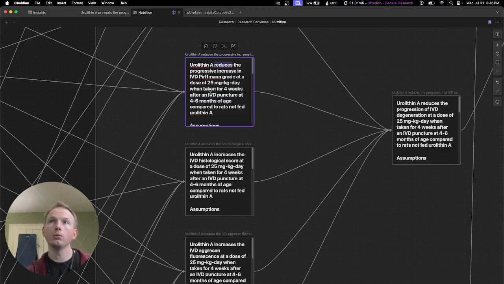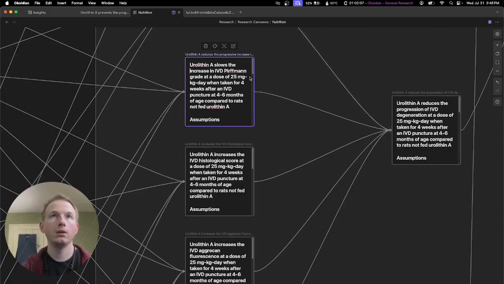We don't know, yeah. Slows the increase. Doesn't need to be progressive. We just know where it was at one time point and at another time point. So slows the progression.